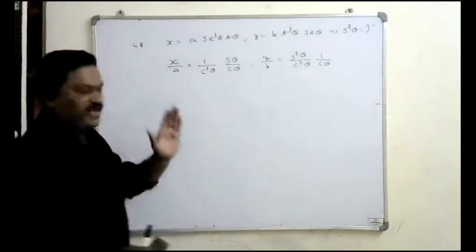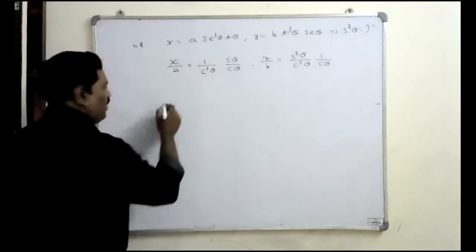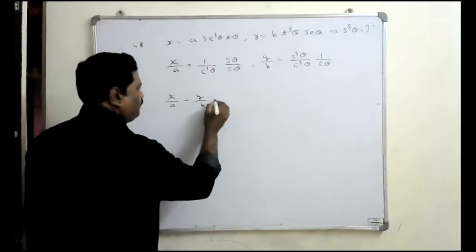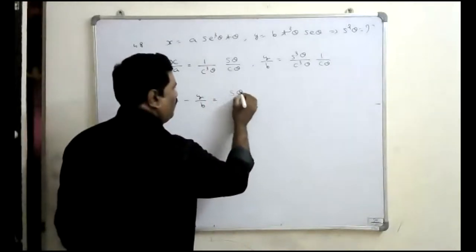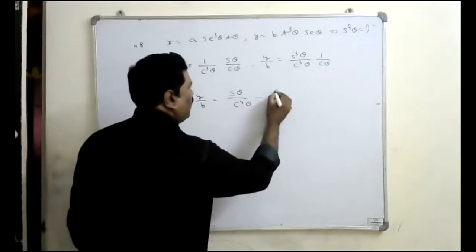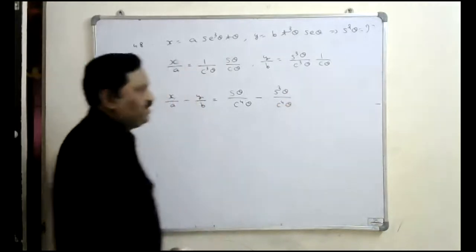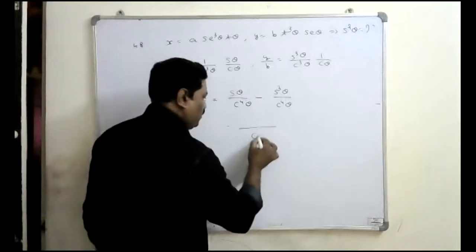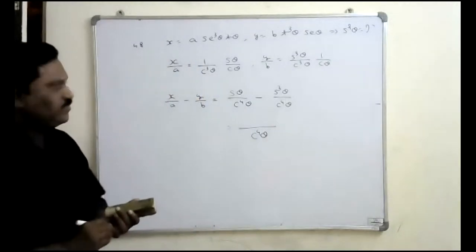So this is the value of x by a and y by b. Now I will subtract these two: x by a minus y by b. The first term is sin theta by cos cube theta into cos theta, which is cos power 4 theta, minus sin cube theta by cos power 4 theta. Now for these two, the LCM is cos power 4 theta.